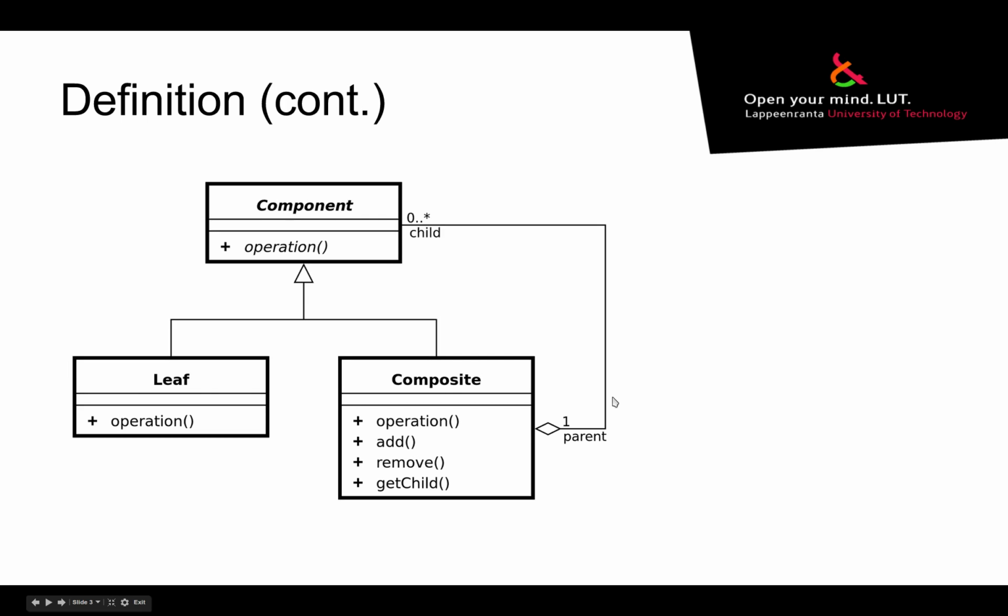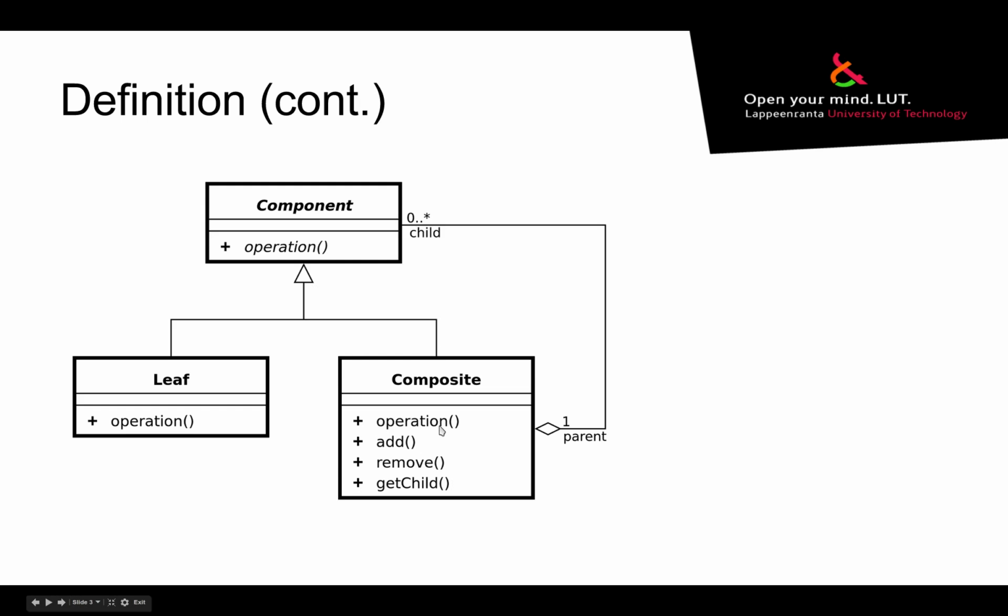So here's a UML. First up, we have this abstract class called component that has an operation. We can inherit this class into the leaf class, which implements the operation. Or we can take this component class and inherit it into the composite class.